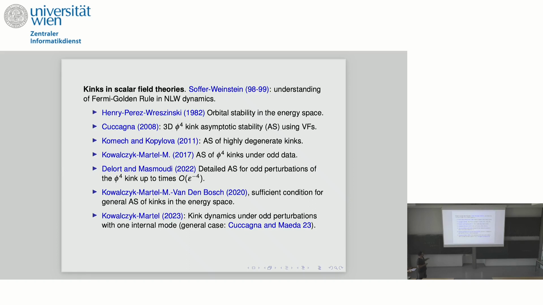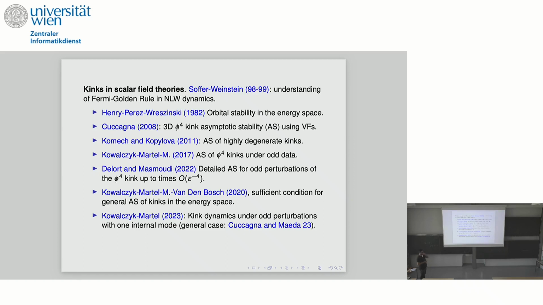We proved asymptotic stability in that case. And some years ago, Delort and Masmoudi provided a detailed asymptotic stability in the case of odd perturbations up to times of order epsilon to the power minus 4. And epsilon here is the size of the perturbation, okay?